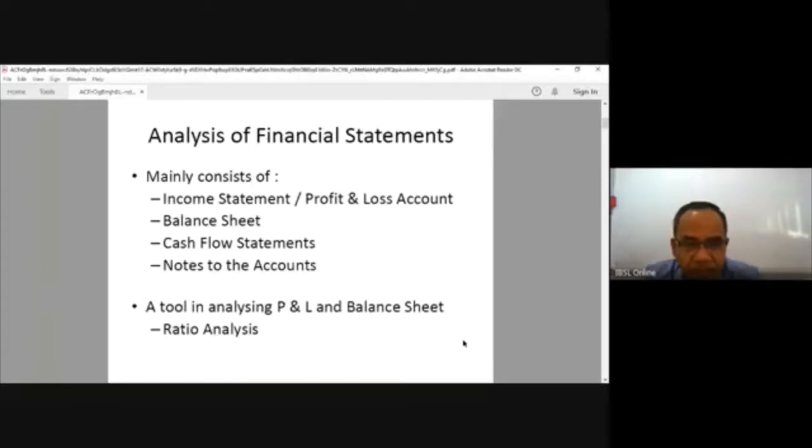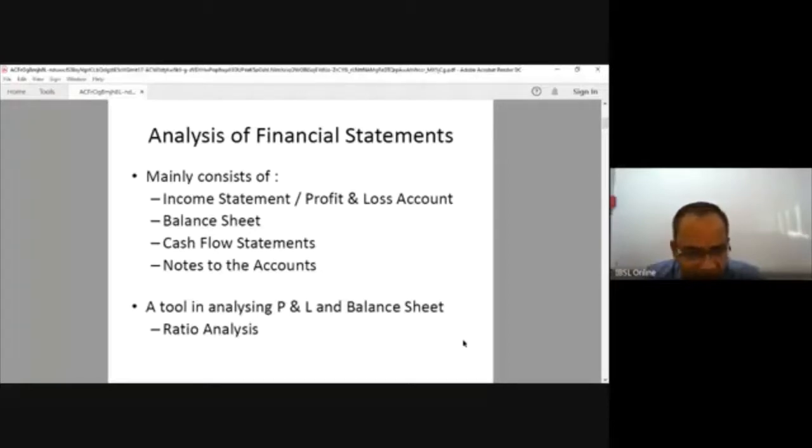The other tool, as far as we are concerned, in analyzing a balance sheet, to have a yardstick for how the profitability of the business is, how the capital accumulation is, whether they are able to repay, whether they are liquid, how the assets are being used, how the assets are being turned over in producing the turnover, all those things we normally do through ratio analysis.